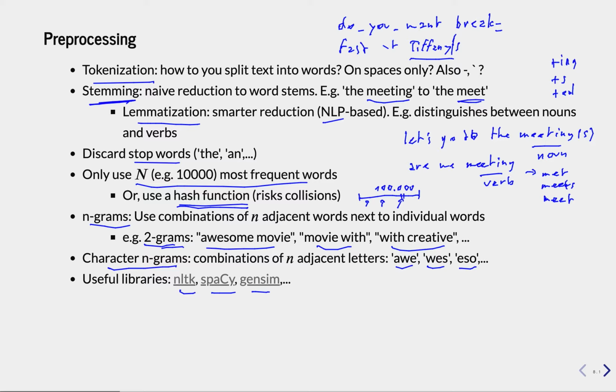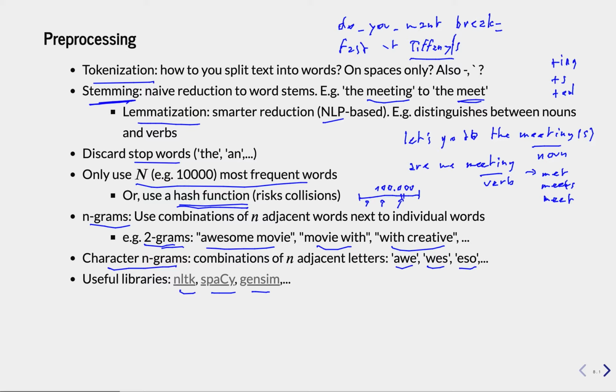What this buys you is that you don't have to deal so much with all the possible variations of words, because even very infrequent words can get mapped to quite frequent character n-grams.